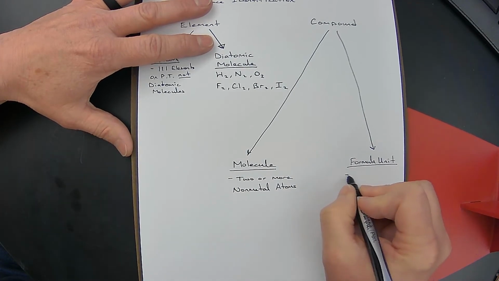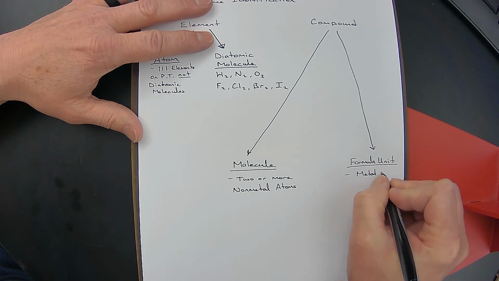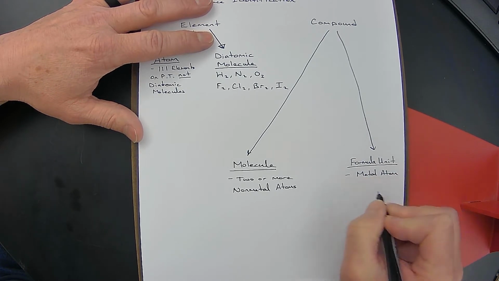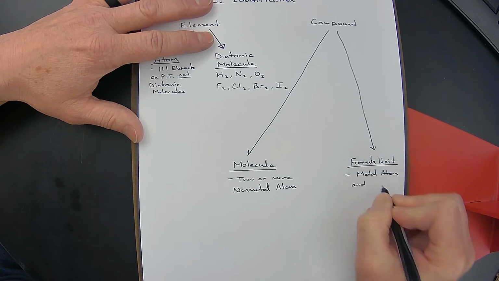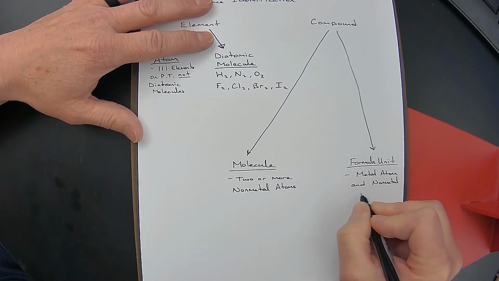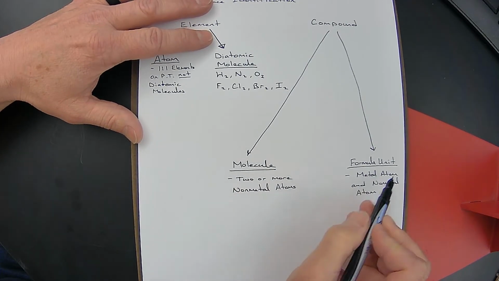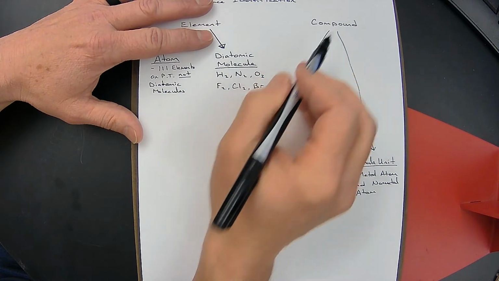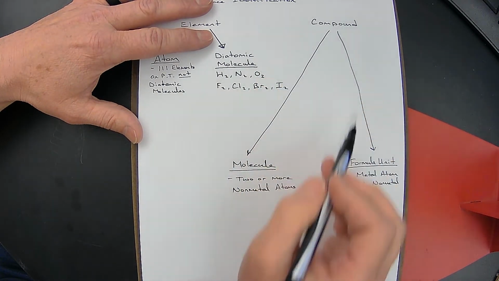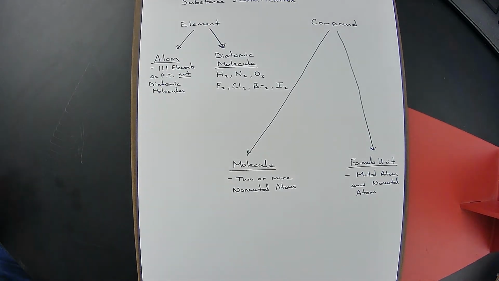A formula unit, what you're dealing with, is a metal atom bonded together with a non-metal atom. And the reason we have to use different phrases for these 2 different types of compounds is the overall structure for these 2 different types of compounds are very different from one another.